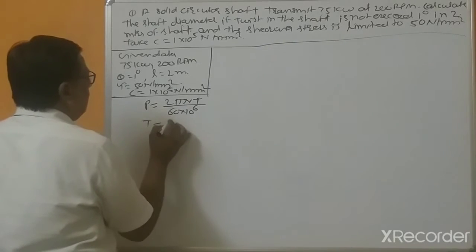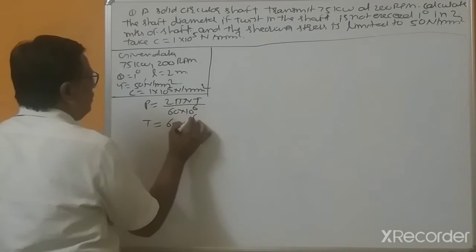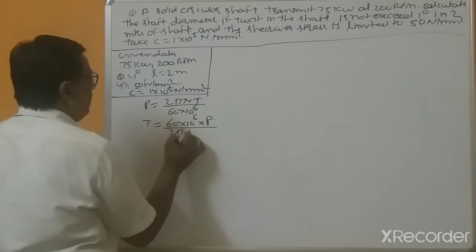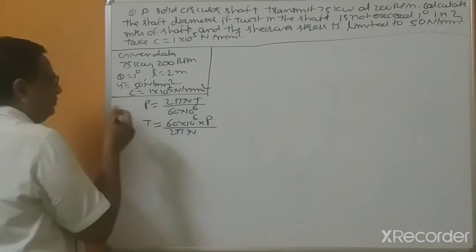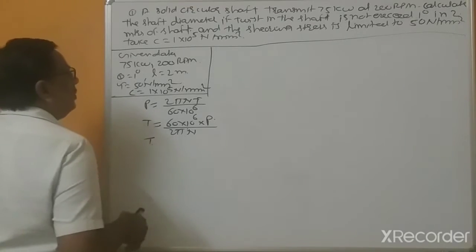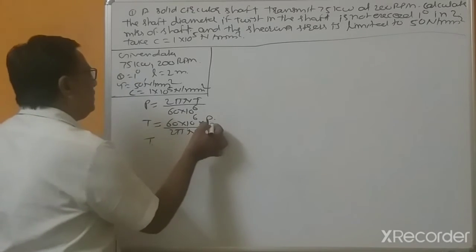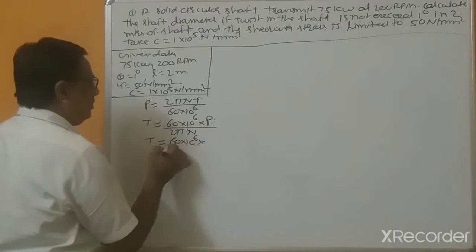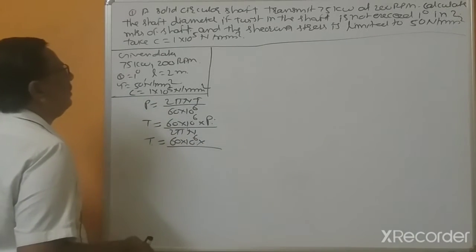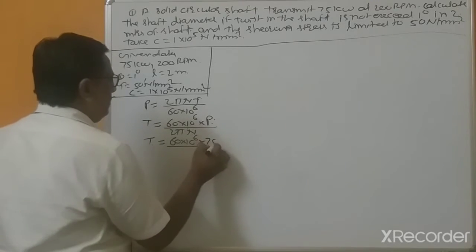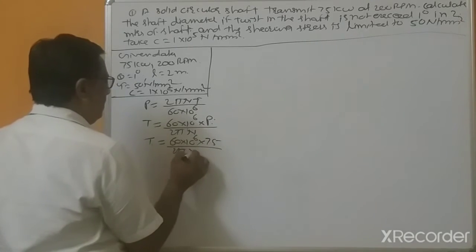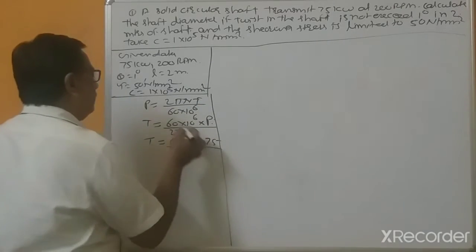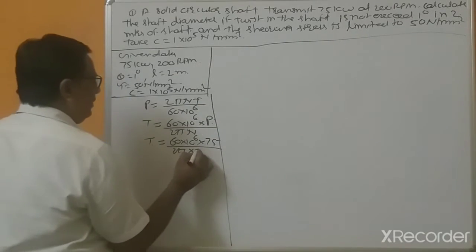So T equal to 60 into 10 to the power 6 multiplied by P divided by 2 pi N. Here P is in kilowatt. So 75 is P, N is 200.